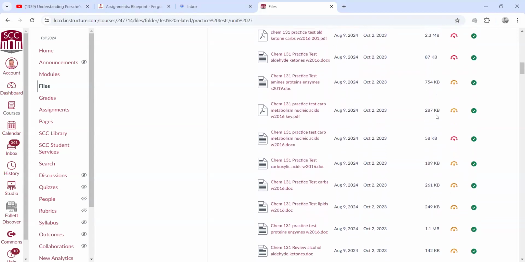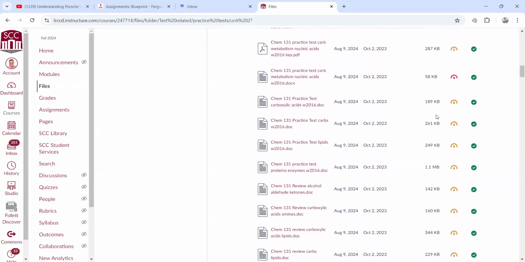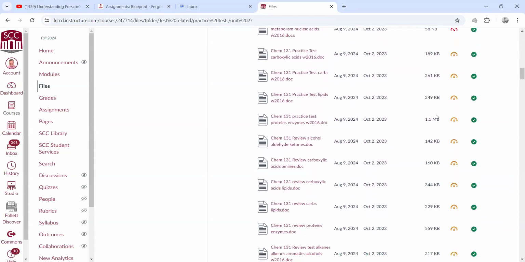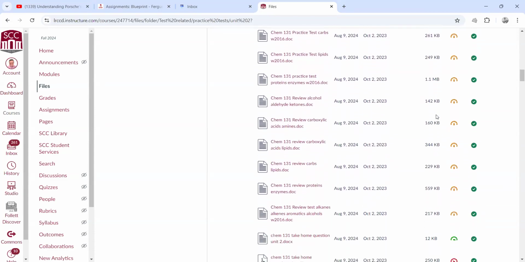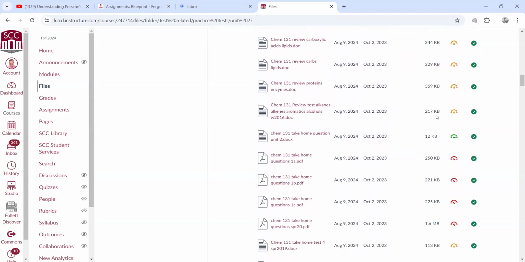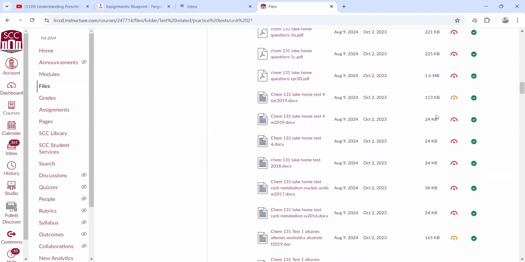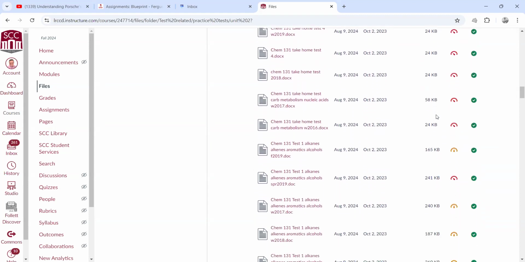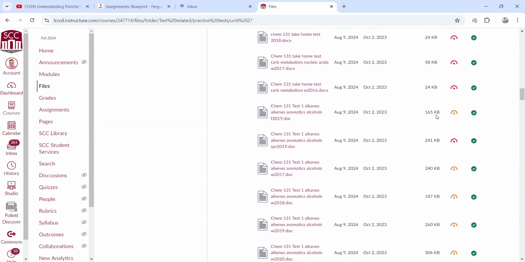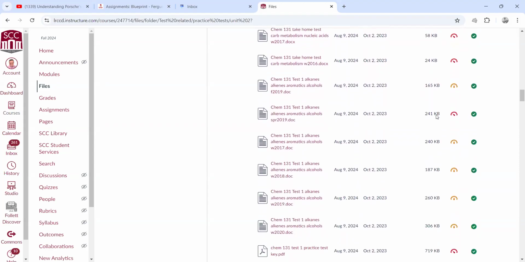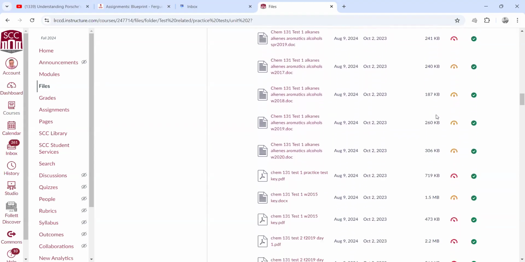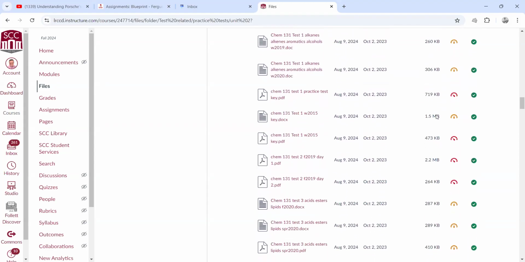Some of them have keys, some of them don't. This is a hodgepodge of all the units.